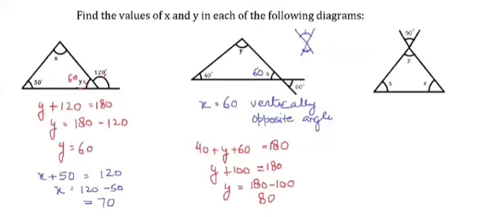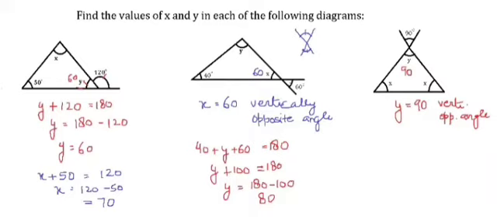Here again we can see that 90 and y are vertically opposite angles. So from here I can write that y equals 90, and the reason will be the same, vertically opposite angle. Now this is vertically opposite angle, so this is 90. Now we know that the sum of all the angles of a triangle is 180.